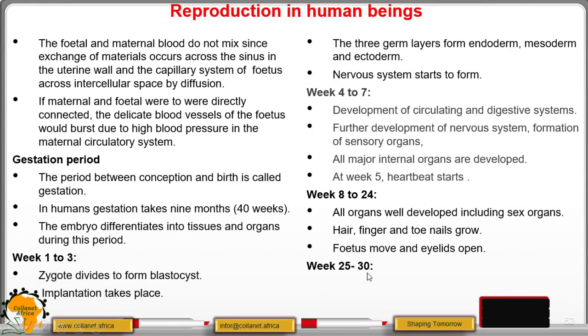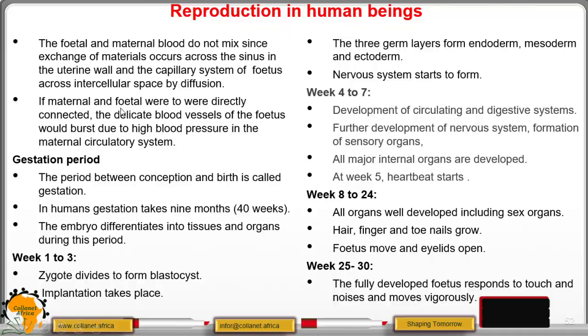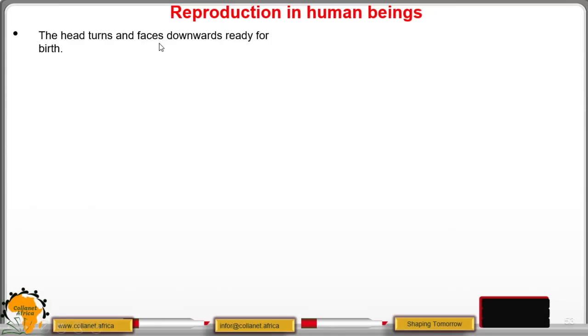From the 25th to the 30th week, the fully formed fetus responds to touch and noises, and moves vigorously in the uterus. The head turns and faces downwards. That means it is ready for birth.